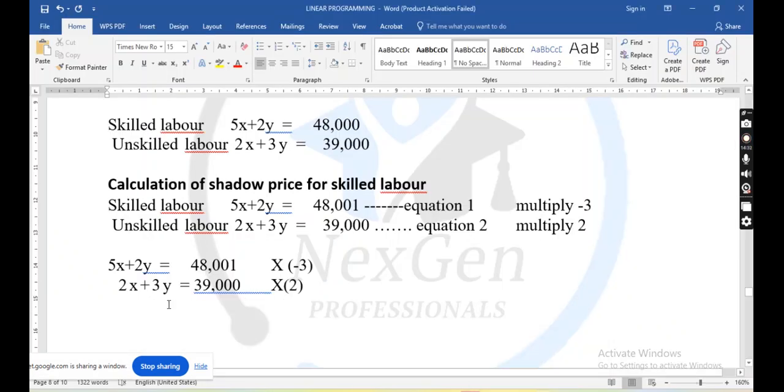When you multiply -3 times 5, you have -15x plus -3 times -6y equals -3 times 48,001. What do you have? -144,003.